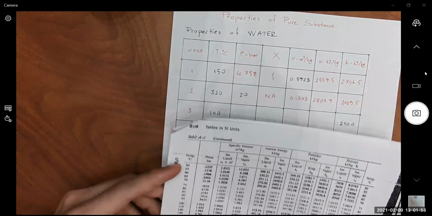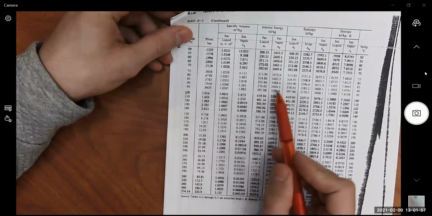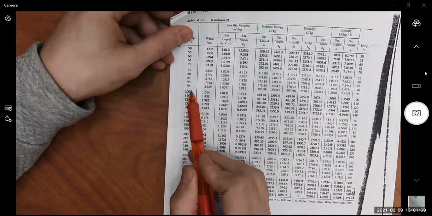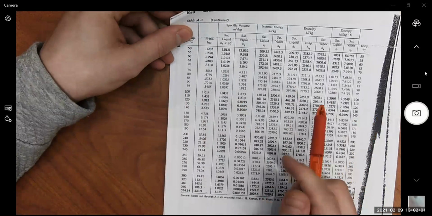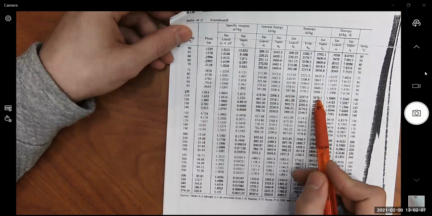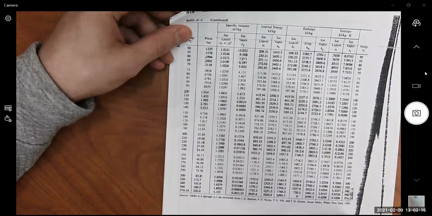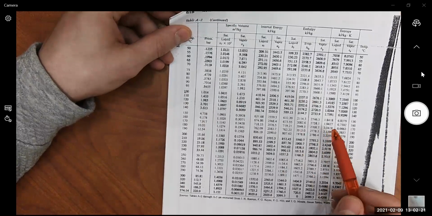100 Celsius, right? 100 Celsius enthalpy. Saturated liquid 476.04. Saturated vapor 2,676.1 kilojoules per kilogram. I'm in between, which means that I'm under the saturation curve, right? 2,100 is in between.